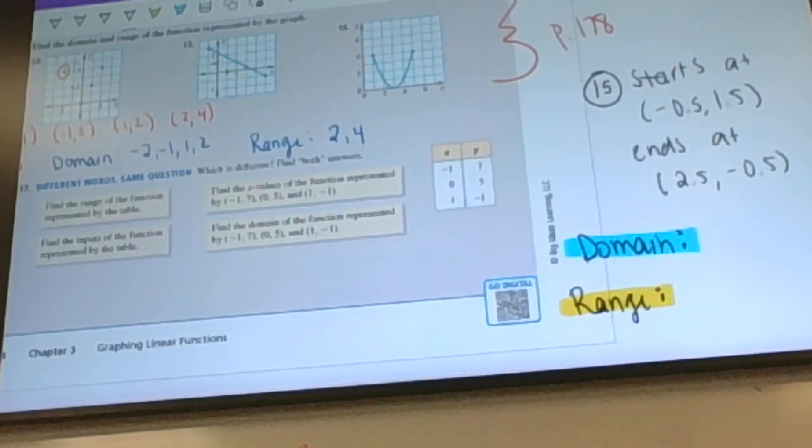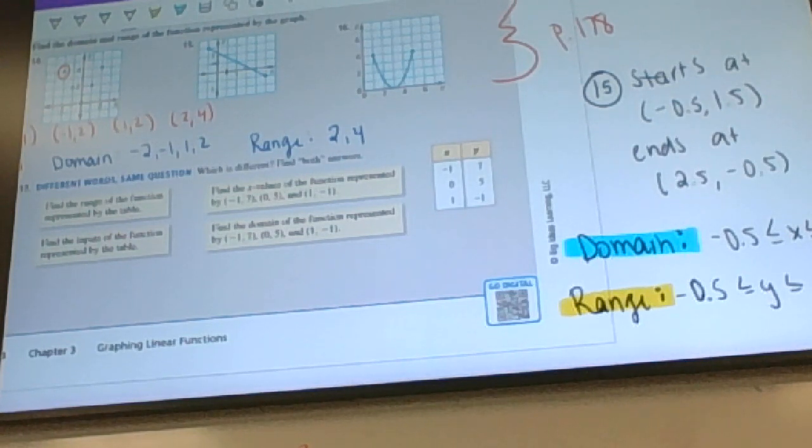So the domain would be, and the range would be, because it's going by 0.5s. Careful about the dimensions on these graphs. Just like that. Switch it up on you.